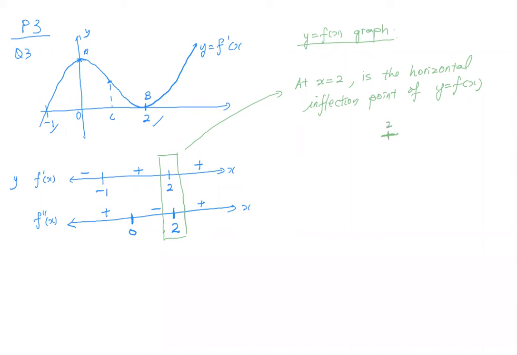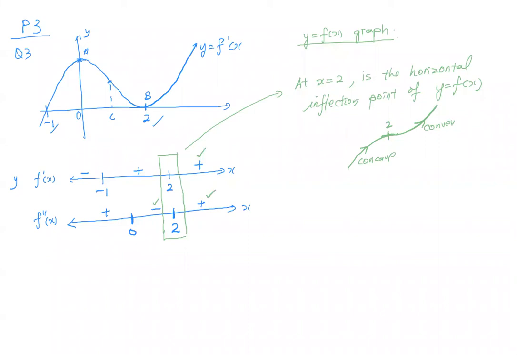So before 2, f prime x is positive, so you have to go up, and this is concave. Then after that, it continues to go up, but convex. See or not? Continue to go up and convex.